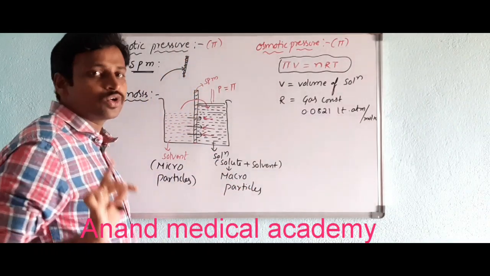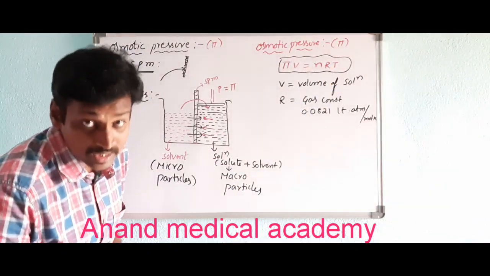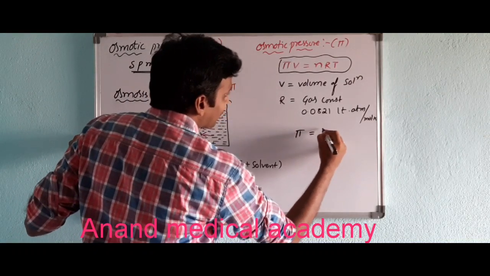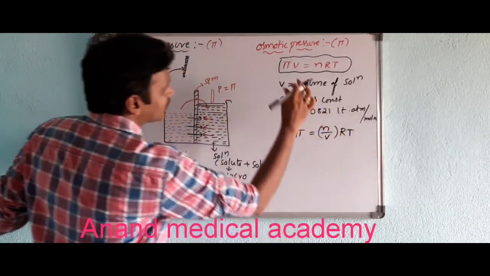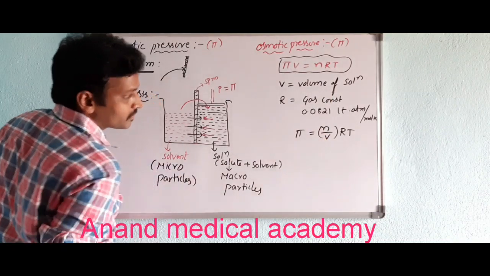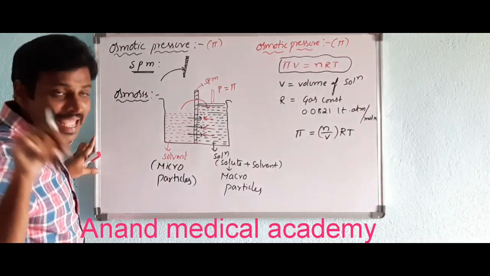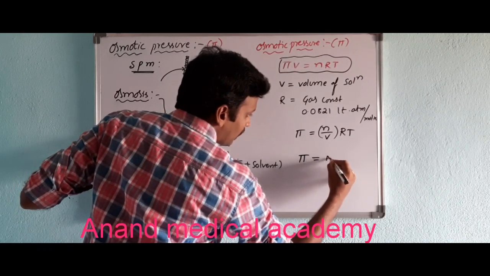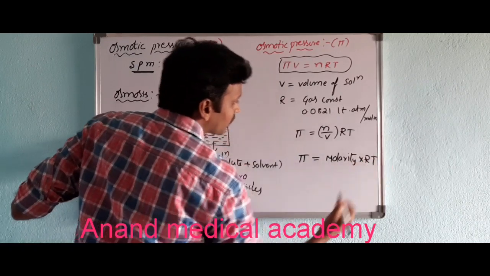Why am I telling you this? To solve numericals using pi V equals nRT. I can write this as pi equals n by V into RT. This n by V, number of moles by volume, is the concentration which we call molarity, capital M. So you can write pi equals molarity into RT.